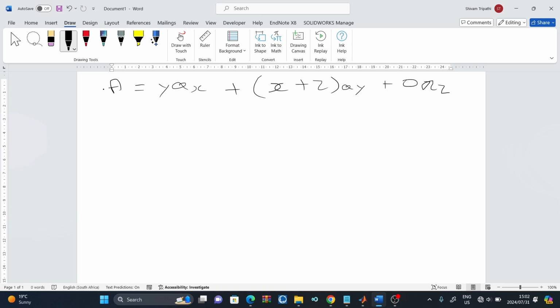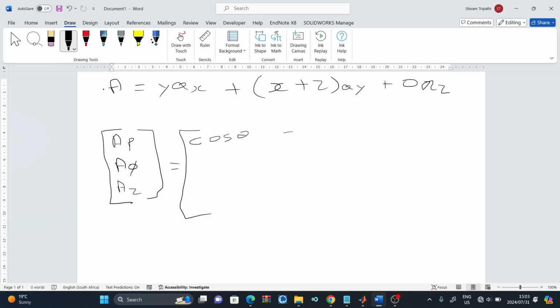This one is given in the form of a vector, so we'll be using this formula to find our cylindrical values: cos phi, sin phi, 0; minus sin phi, cos phi, 0; 0, 0, 1. I hope you understood how they derive this formula.